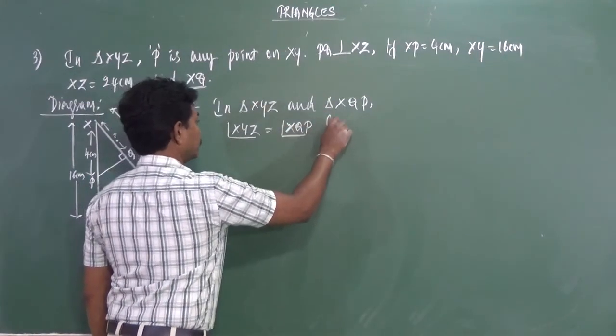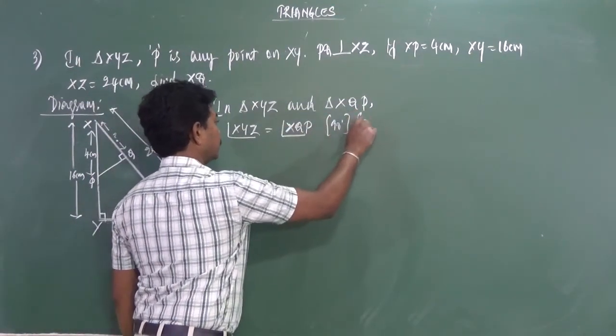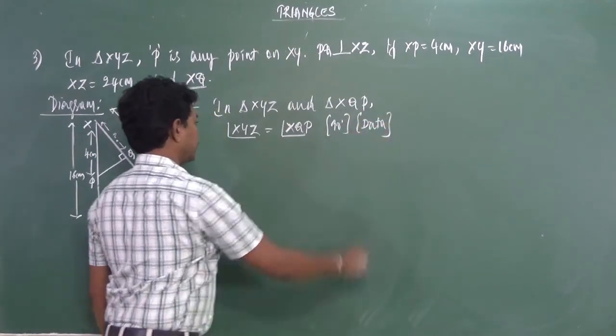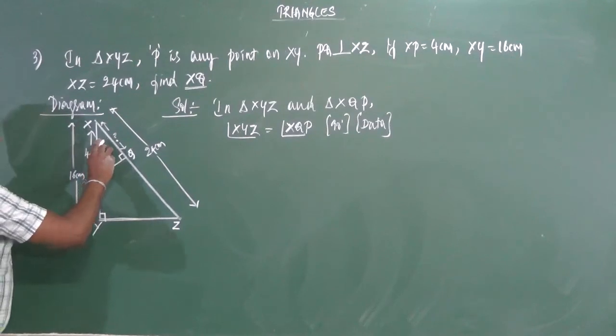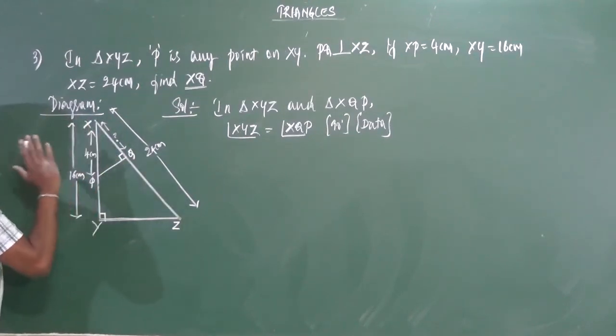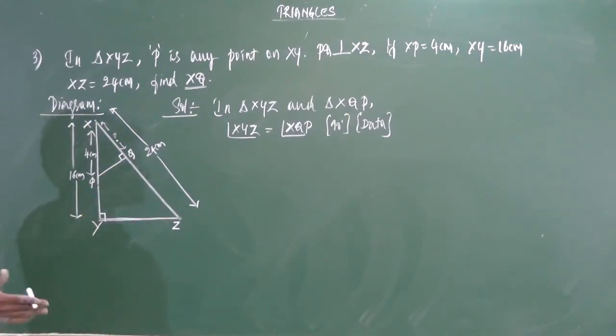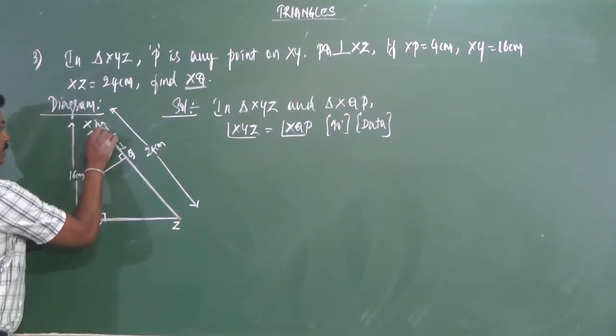Both are equal to 90 degrees, according to the data. Then, as this triangle is inside this big triangle, they should have an angle which is common to both the triangles. So here this angle becomes the common angle.